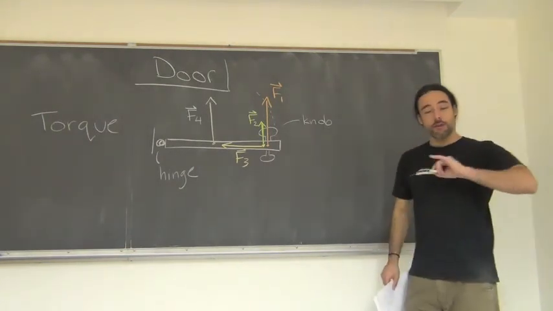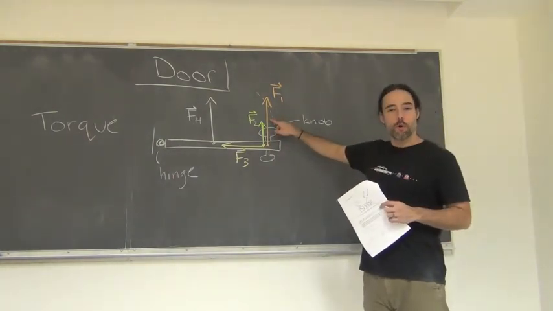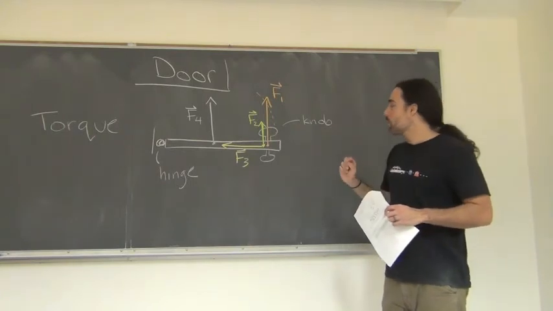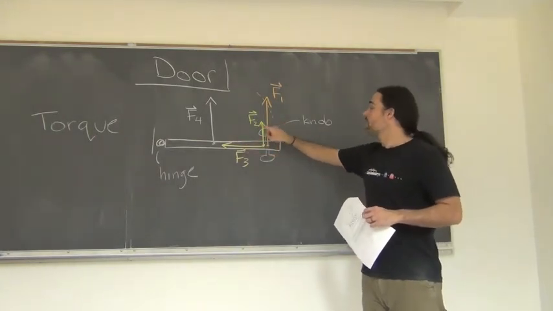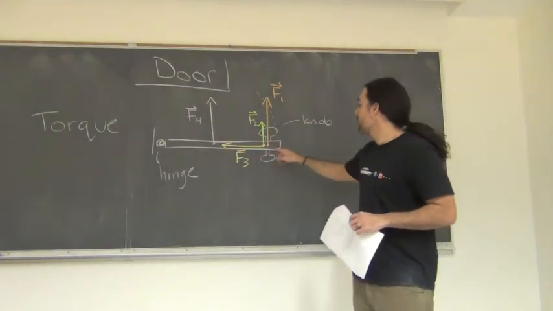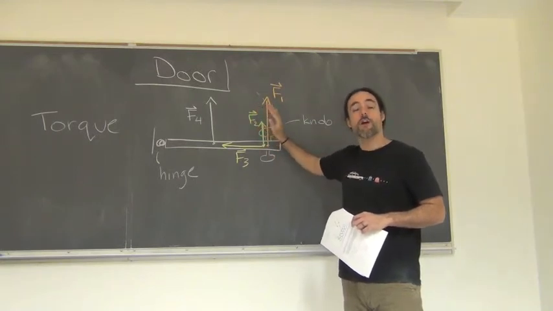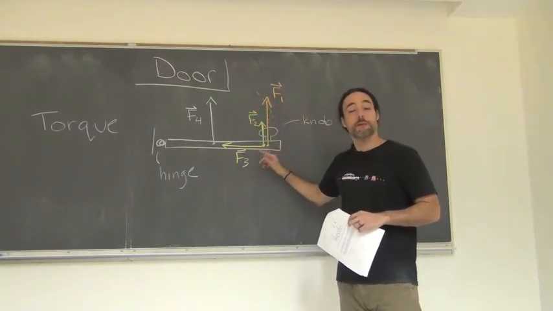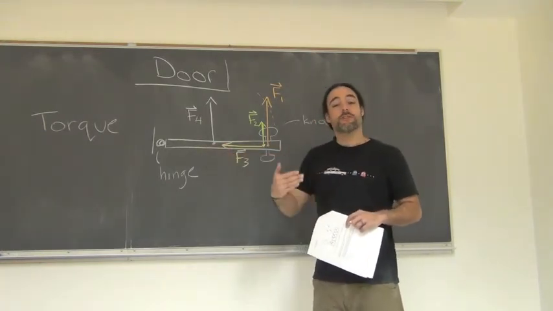And that's 100% true. You want a fairly large force to open the door. But not only that, the force has to be placed in the right spot. Force 1 is better than force 4, even if they're about the same size, because it's going to be easier to open the door by pushing on it from the far end near the knob. That's actually why they put the knob near the end. You wouldn't put the knob in the middle of the door, because that would make the door harder to open.